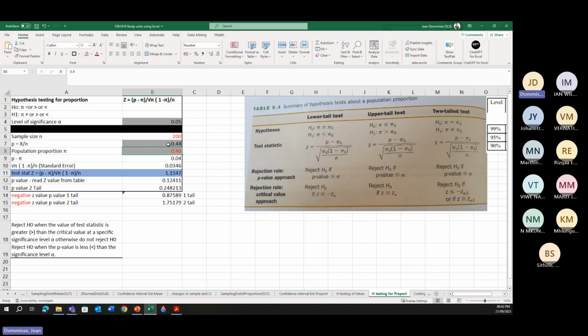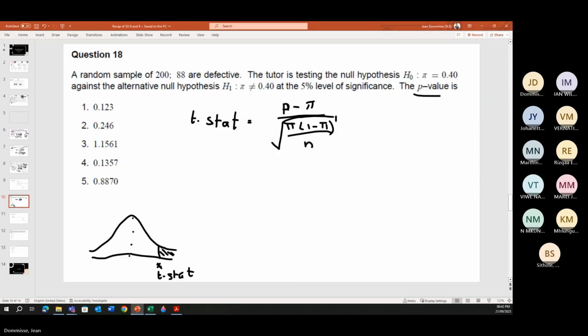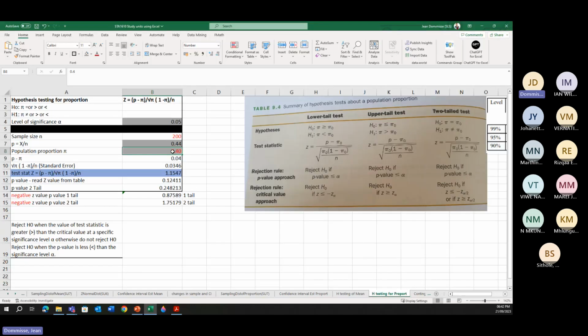It was 0.44. We tested, so let's quickly go back. That was for 88, that was for 200. We need to test against 0.4. Okay, so the 0.4 stays the same for this one.